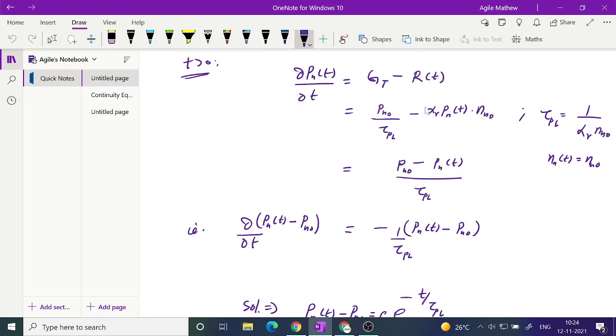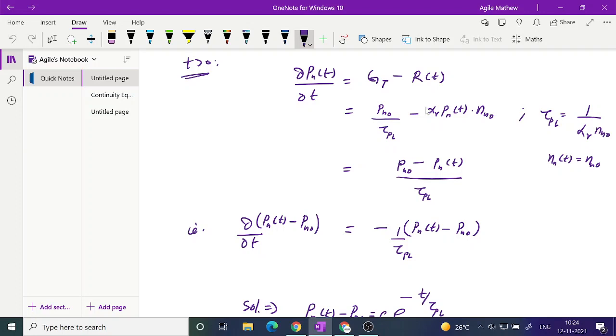So if you look at this g thermal minus r, what we said yesterday is that this is equal to pn0 minus pn of t by tau pl. So you can substitute this.